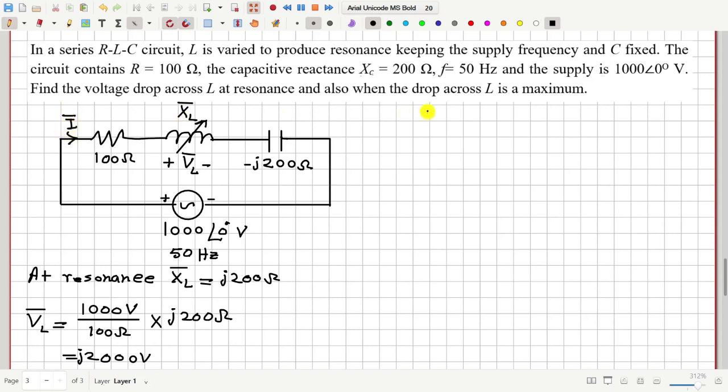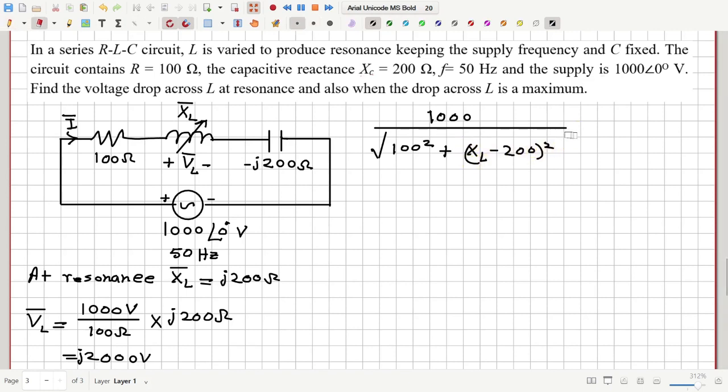We can write that current as the ratio of this supply voltage divided by the magnitude of the total series impedance, which is the square root of 100 squared plus XL minus 200 whole squared.